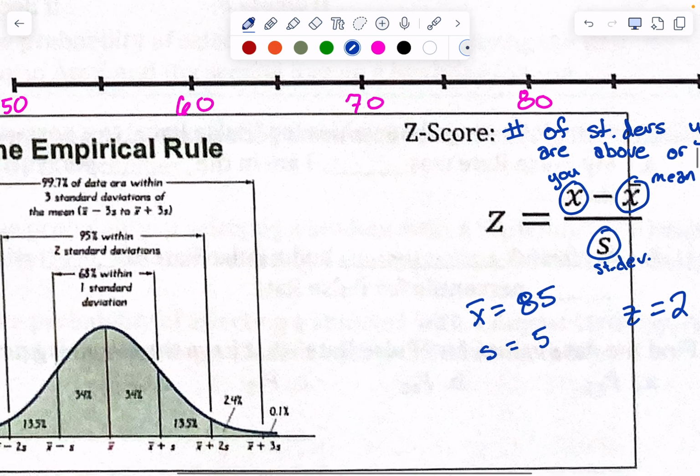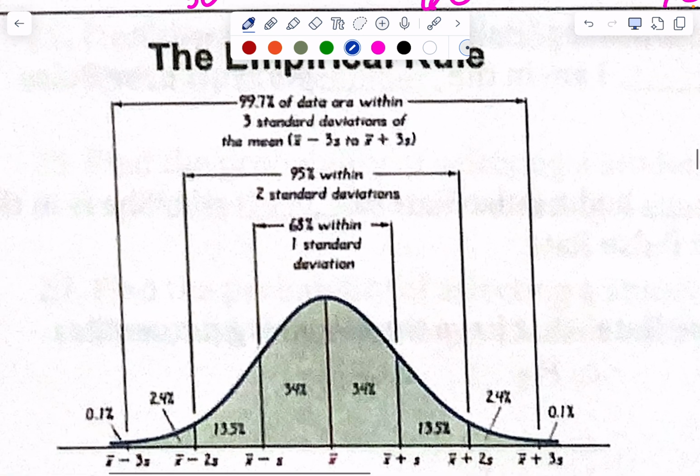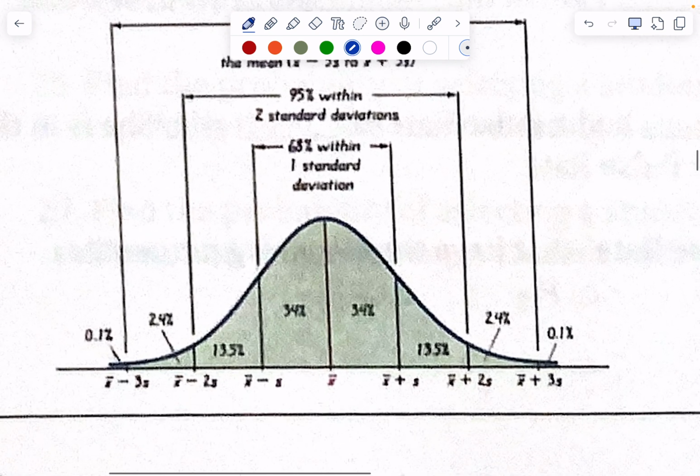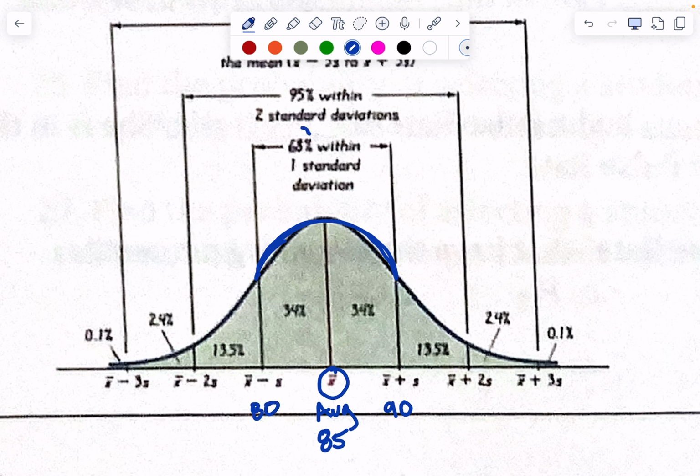In the empirical rule, if your average is the middle, this is where the average lives, right? What percent of data should be within 1 standard deviation? Like if this is an 85 with a 5 standard deviation, 90 and 80, what percent should have scored between an 80 and a 90? 68%, right?